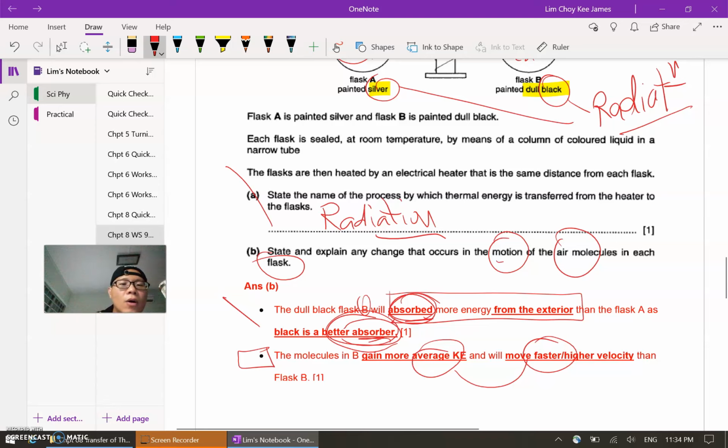The question asks for motion of particles, so it comes from chapter 7, the kinetic model of matter, your KMT, or you can look at your chemistry. These are the additional keywords that you should be mentioning because the question does mention that.